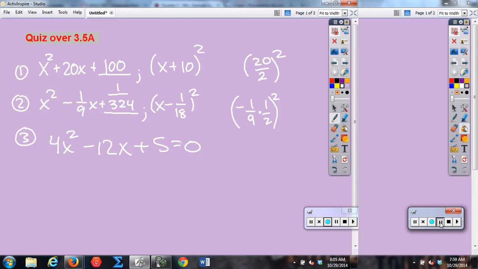Marcus? Next step? Yeah. 5 times 4. So remember, we did this once, we did B, and then here was AC. So this is 20, this is negative 12. What numbers multiply to 20 and add to negative 12?